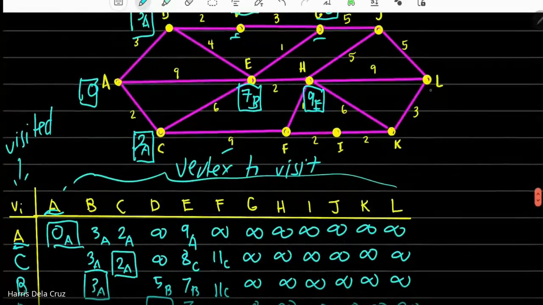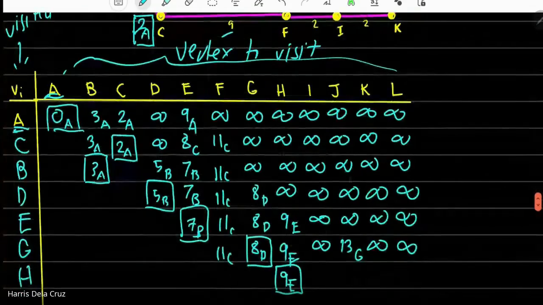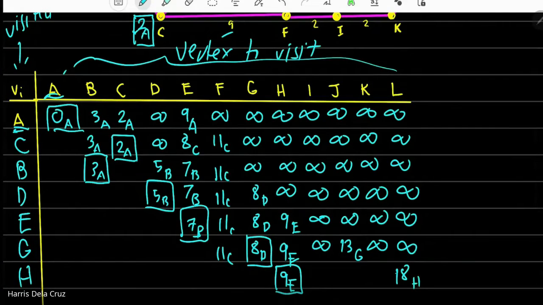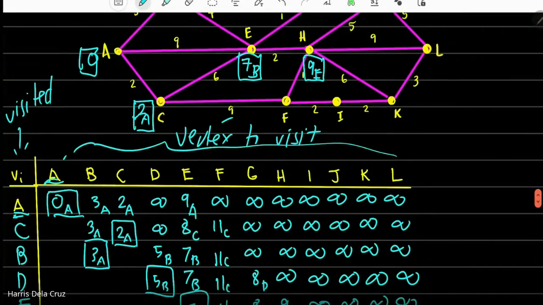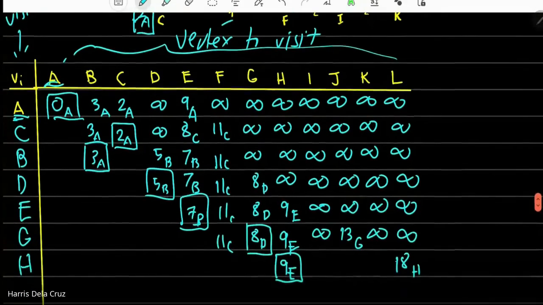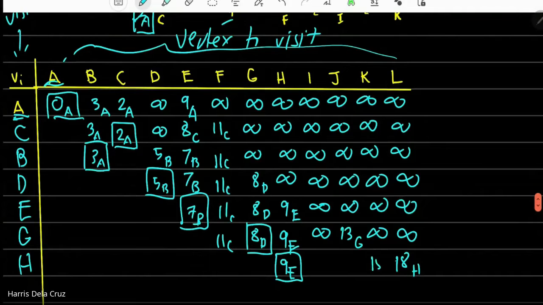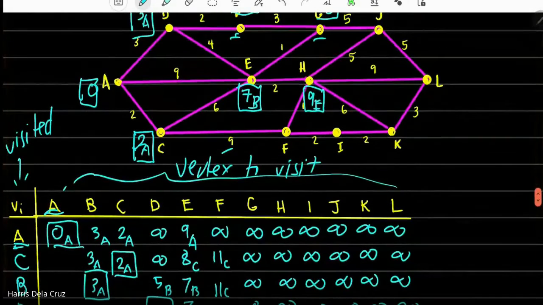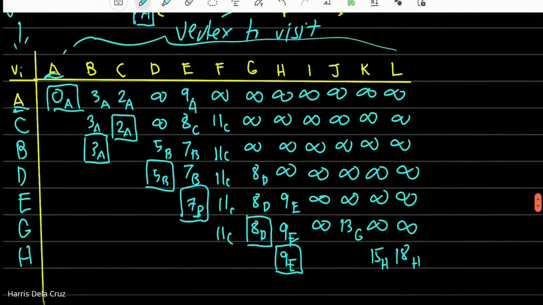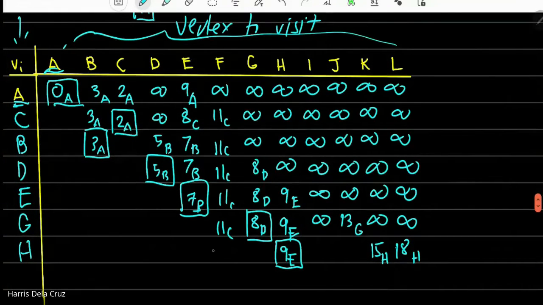Papunta kay L, 9 plus 9, 18. Si L wala pa. So, that's 18 galing kay H. Papunta kay K, 9 plus 6, 15. Si K wala pa. So, lalagyan natin 15 galing kay H. Papunta kay F, that's 9 plus 1. So, that's 10. Si F, may 11. Mas maliit yung 10. So, papalitan natin. 10H.